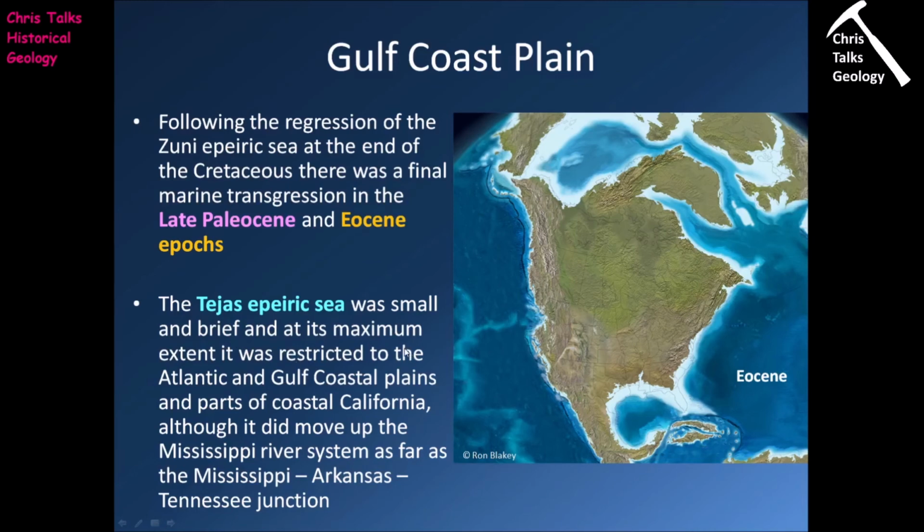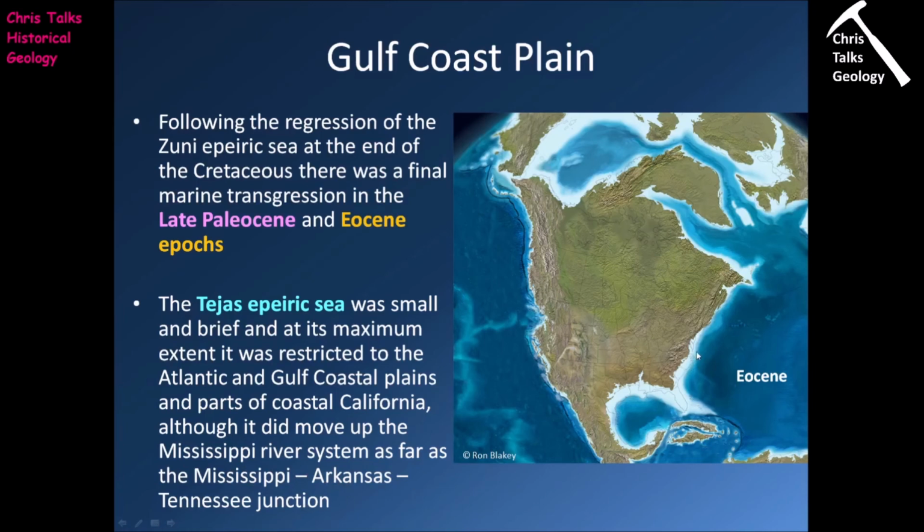At its maximum extent, it was restricted to the Atlantic and Gulf coastal plains, although it did also encroach on some areas of California, not many. The furthest it managed to move inland was the area which is now marked out by the Mississippi, Arkansas, Tennessee junction. So you can see here it is.